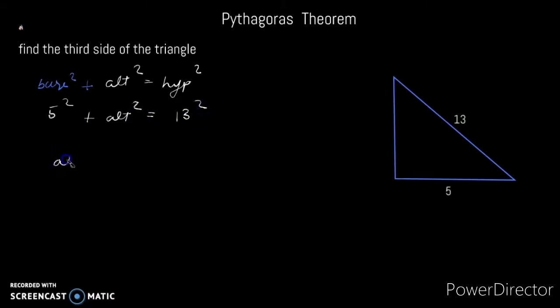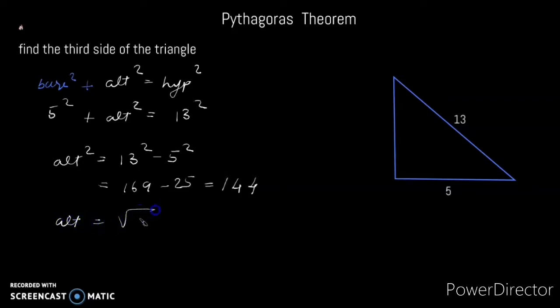So altitude squared is equal to 13 squared minus 5 squared. 13 squared is 169, 5 squared is 25, and we'll get 144. So altitude squared is 144, so altitude is equal to the square root of 144, which is 12. So we found the third side.